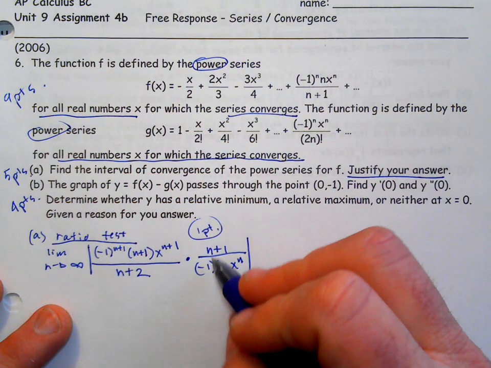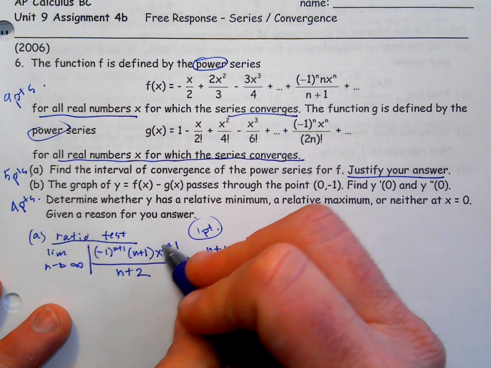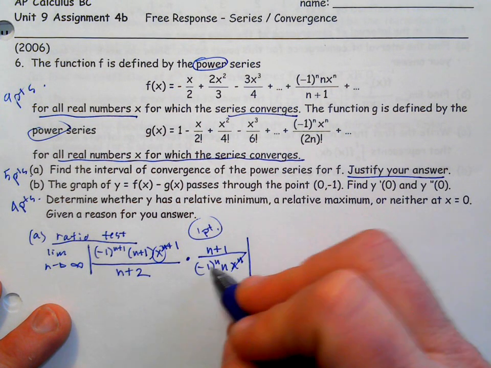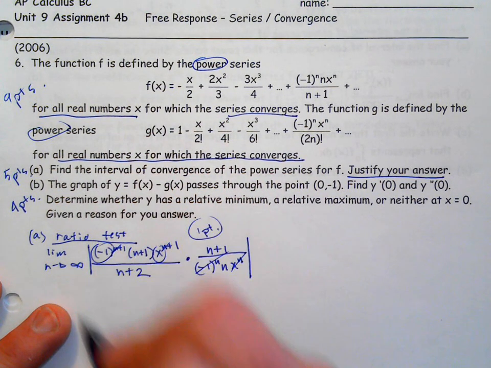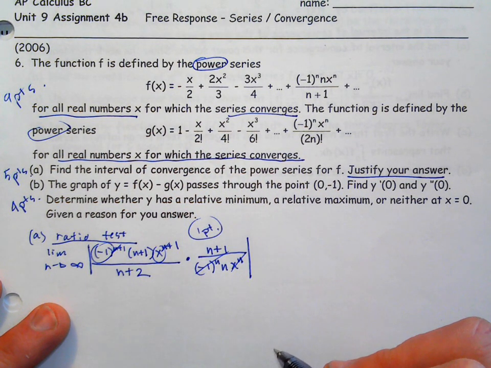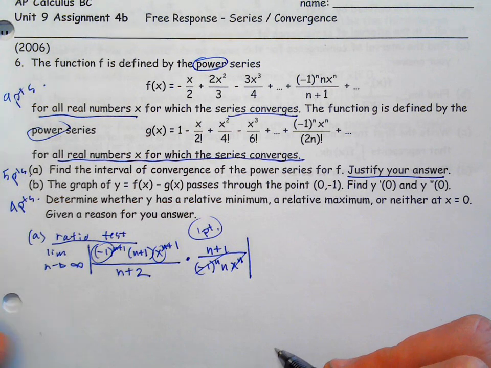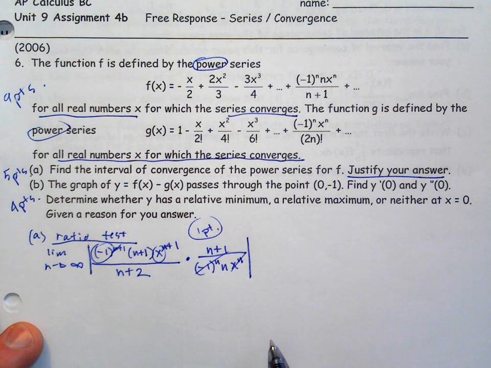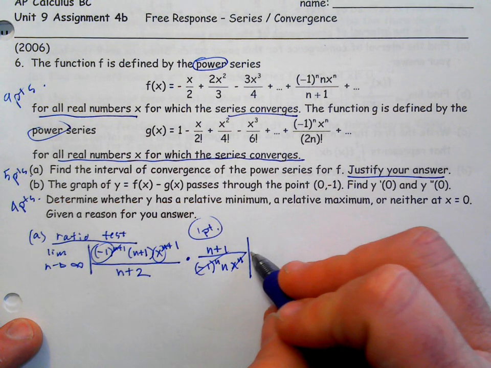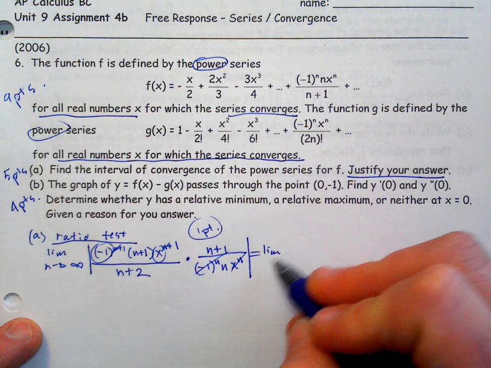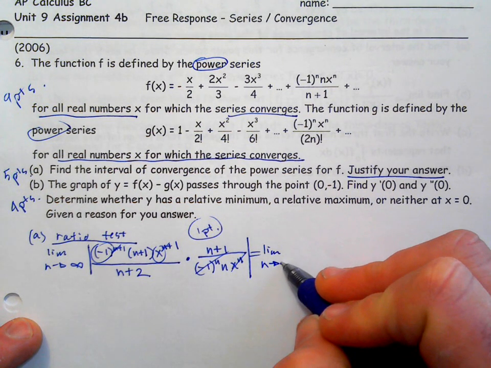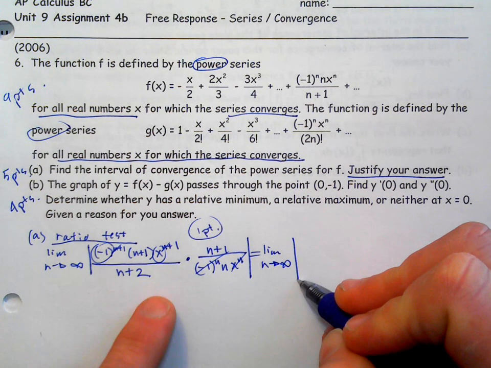Now, let's see if we can reduce any of it. We have an x to the first and a negative 1 to the first, and I think that's it that we can really simplify. Just to be careful and show my work a little better, I'm going to write down what we have left over.